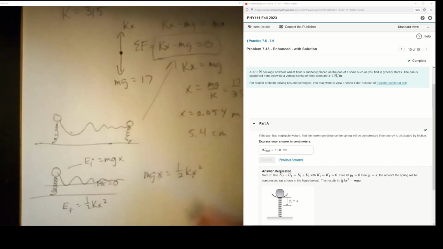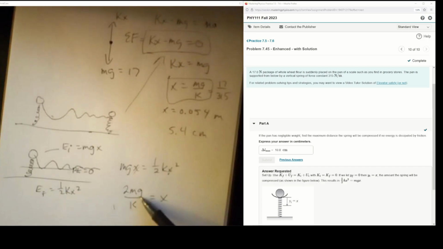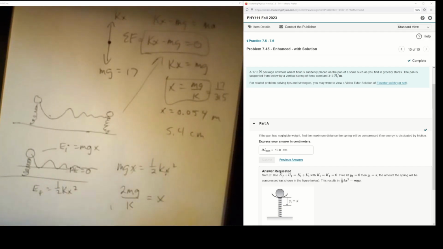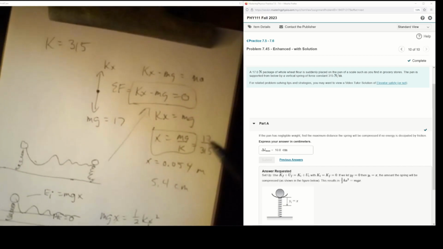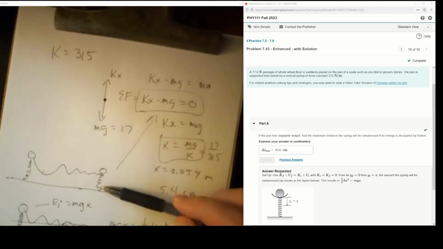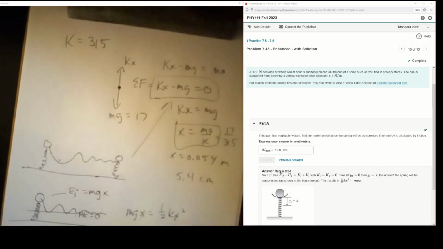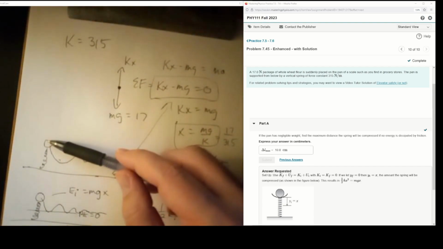Our x's will cancel here, and just looking at this, we get 2mg over k. That's what our x is. Notice for x I had mg over k. This is 2mg over k. And again, to state the difference here, I assumed that was an equilibrium, so that the spring had found its equilibrium position, but they're writing the problem so that we're dropping it.